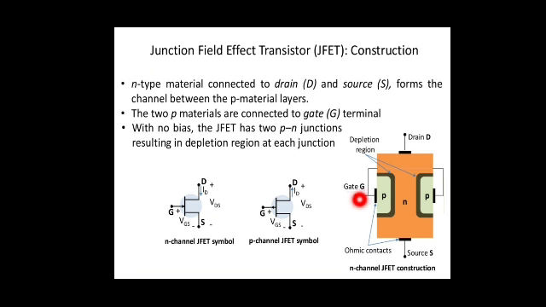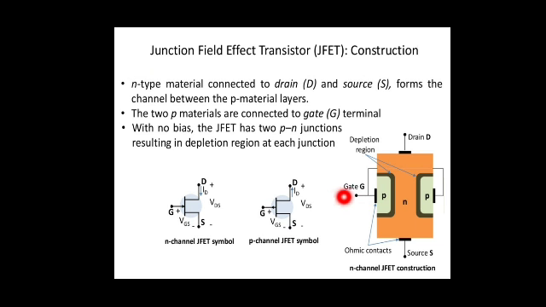So for example, you consider this as n channel. Now if I am applying positive voltage here, what happens? Whenever the gate is applied with a forward bias, the holes will try to move away.